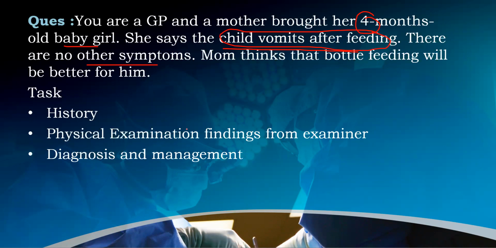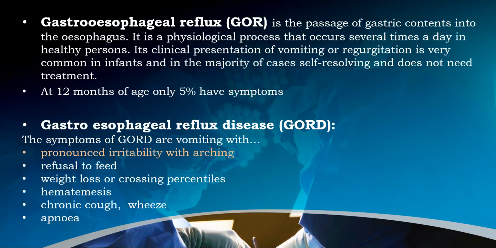Task is the same. So now in this case, you have to understand a little bit about the pathophysiology of this reflux. There are two terms that we use for children. One is gastroesophageal reflux, another is gastroesophageal reflux disease.